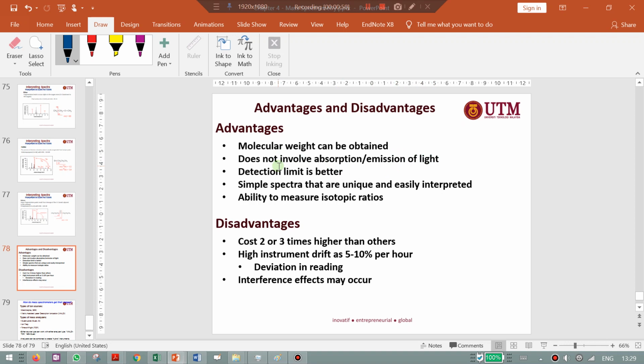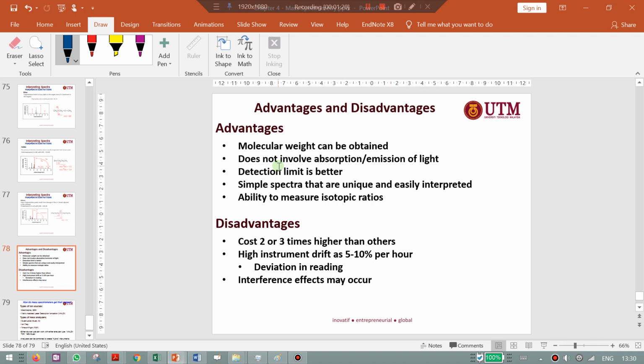Detection limit is better. I'm not really sure about that. For MS/MS, probably yes. But with some detectors, for example for ethanol, GC-FID compared to MS, of course GC-FID could give you a better detection limit. Generally, though, we should agree that the detection limit is better compared to HPLC-UV.